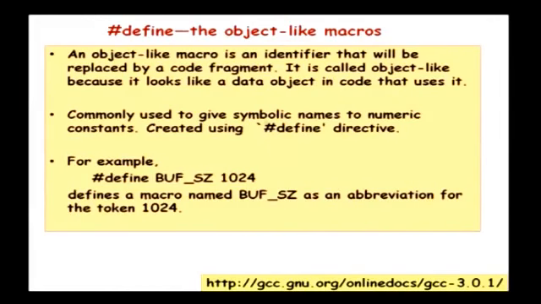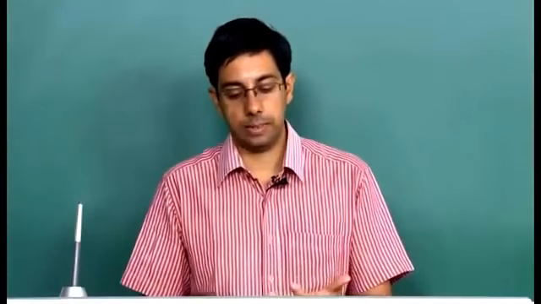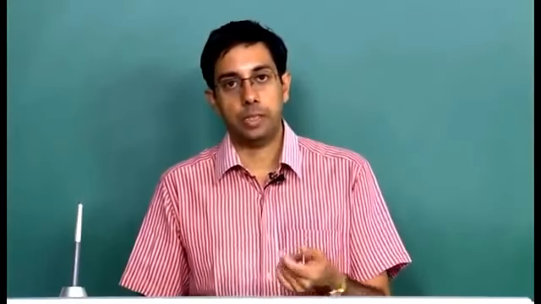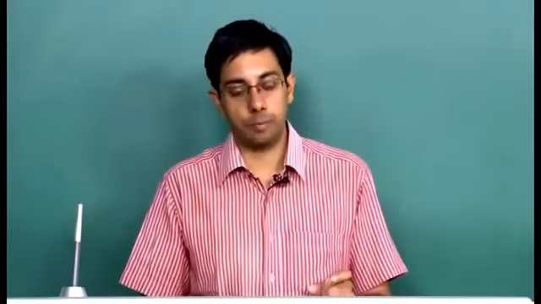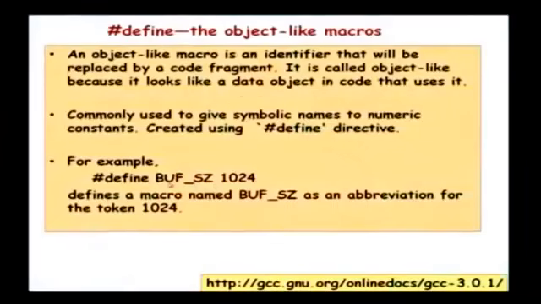Its most common use is to give symbolic names to numeric constants. Suppose you want to write a program in which the maximum array size is, let us say, 1024. Instead of putting 1024 in several places, a typical usage would be to say hash define BUFF_SIZE, so buffer size, to be 1024.